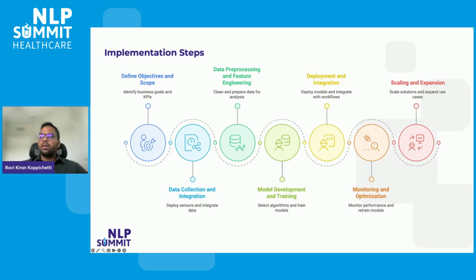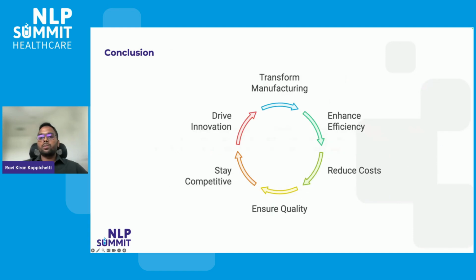Second, ensure the regulatory compliance by adhering to the standards like FDA, the 21 CFR Part 11 for electronic records. And now the third one is to focus on the change management by training the employees to use the new systems and addressing any resistance to change. Finally, we implement the robust cybersecurity measures to protect the sensitive manufacturing data, which is pretty crucial as well.